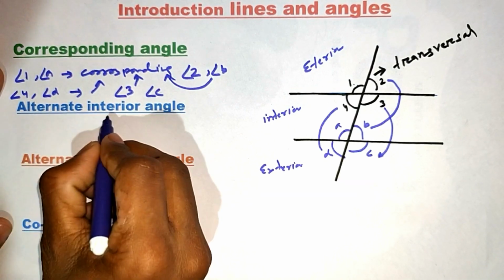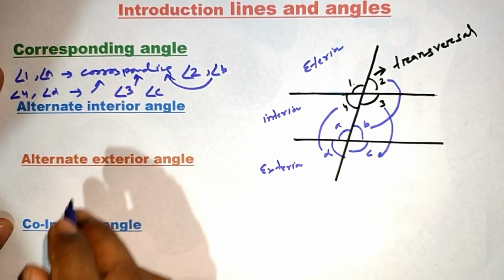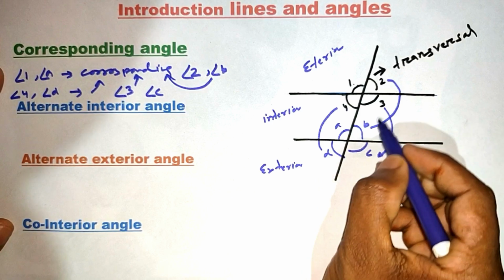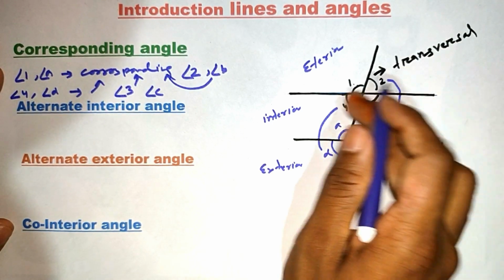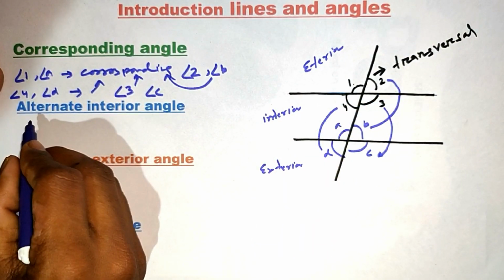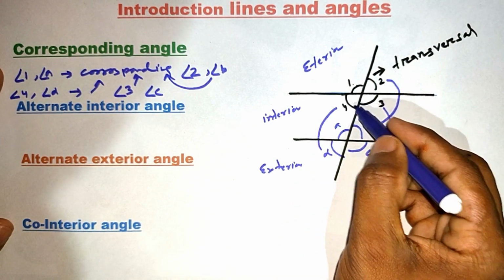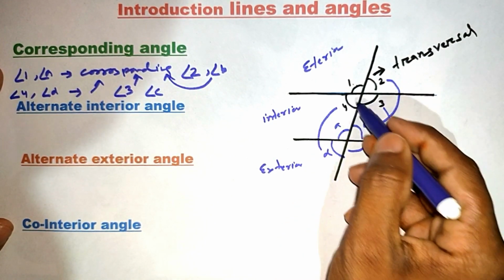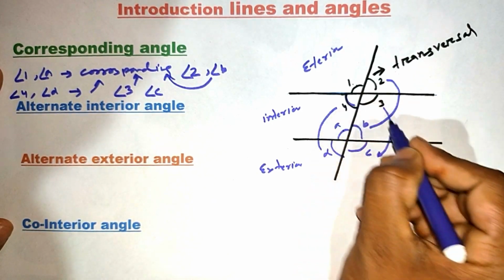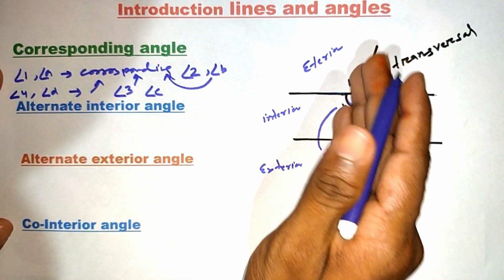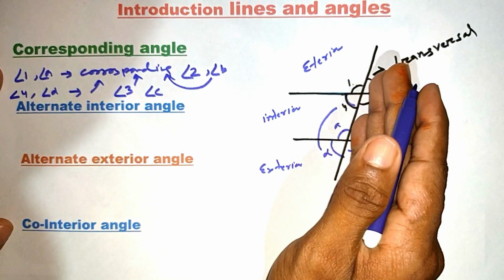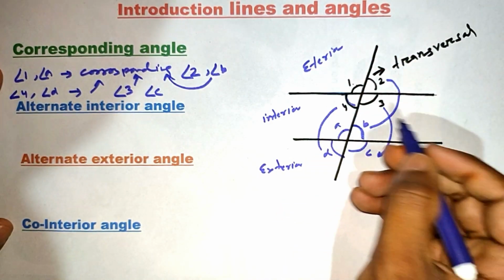Now alternate interior angle. Interior angle means these angles, because this is the interior part. Alternate angles are those angles which are on the opposite side and in the opposite direction. Angle 4 and angle B are on opposite sides. Angle 4 is on that side, angle B is on the right side.